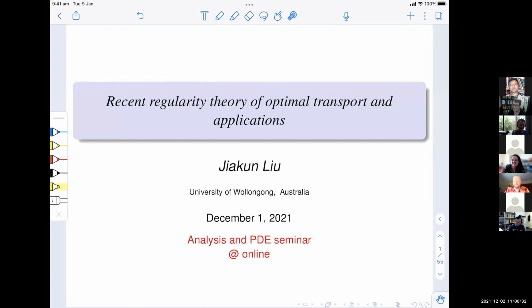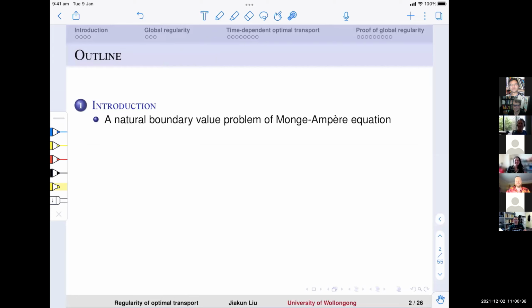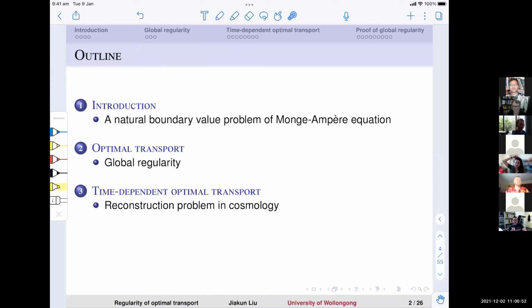Okay, so my talk actually has four parts. In part 1, I'm going to give an introduction about the equation and the problem we are going to look at. The second part is the recent global regularity in optimal transport, which is joint work with Shibing Chen and Xu Jiawang. In the third part, I'm going to talk about some applications of optimal transport.